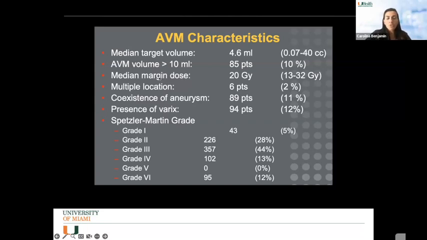We'll go into dosing more, but the median margin dose was 20 grays. We need to hit these hard in order to have good efficacy. There were 89 patients with coexisting aneurysm, venous varices are common in these patients, and the median target volume was just below 5 cc's.